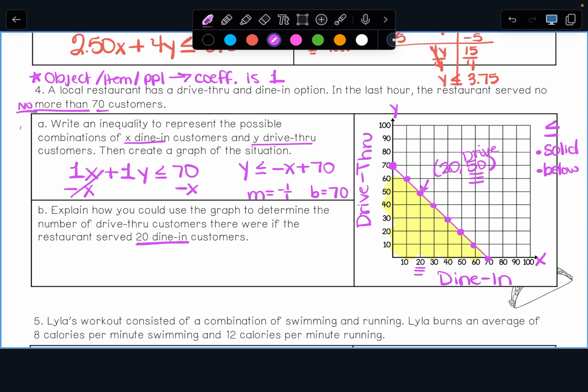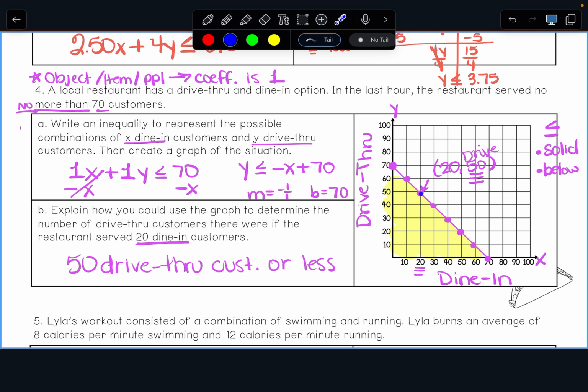So this point right here is telling me I can have 50, I can have 40, I can have 30, I can have 20, I can have 10, or I can have 0, right? So we can say you can have 50 drive-through customers or less, because all of those numbers are in the shaded region.